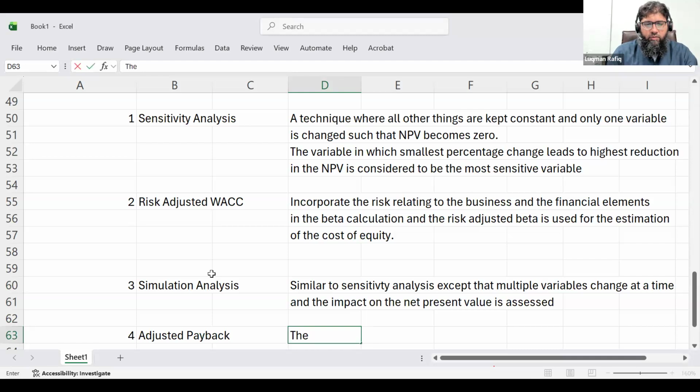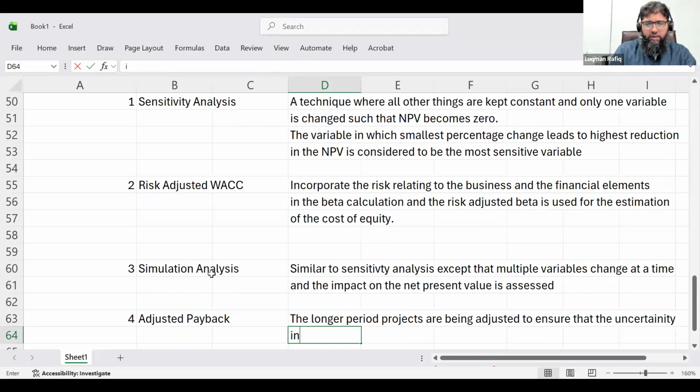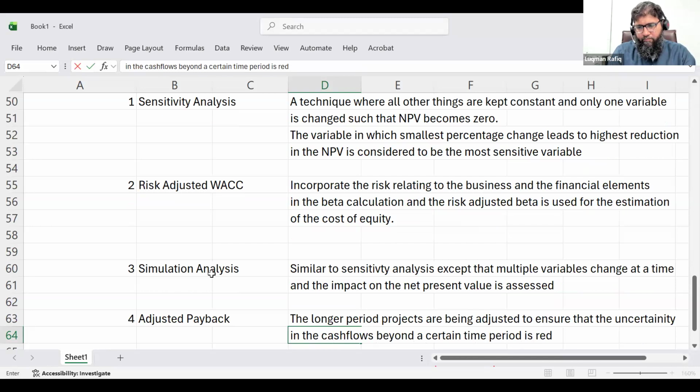The longer period projects are being adjusted to ensure that the uncertainty in the cash flows beyond a certain time period is reduced.